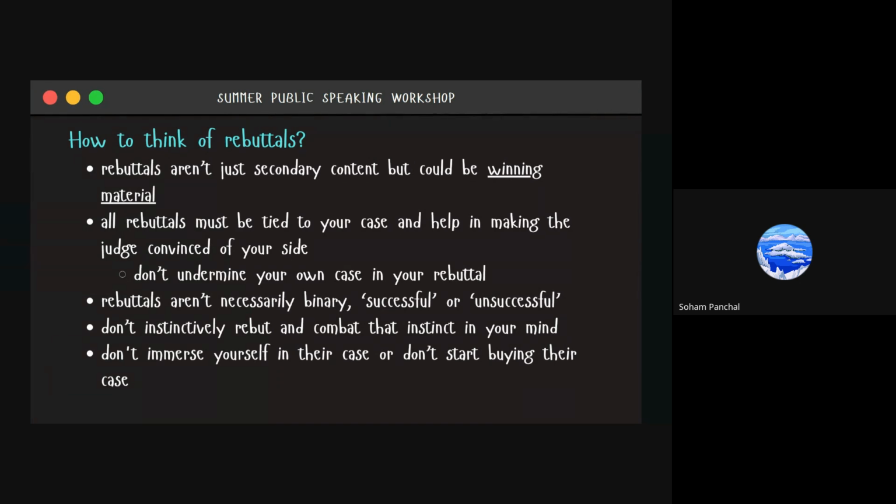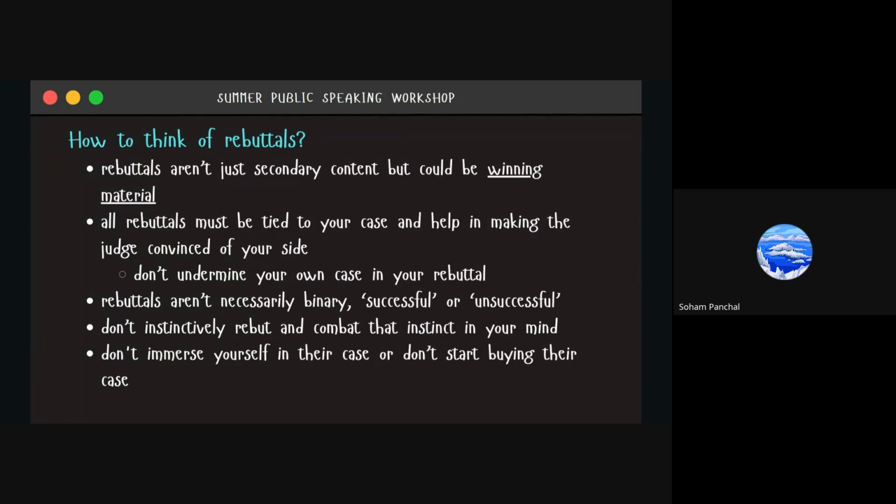So to give an insight into why rebuttals are not necessarily binary: in debating, the important principle is engagement in the debate, rather than just showing why your own side is good or has benefits. You have to show why your own side is better than the opposition's, rather than just showing the benefits of your own side. You have to compare both sides.